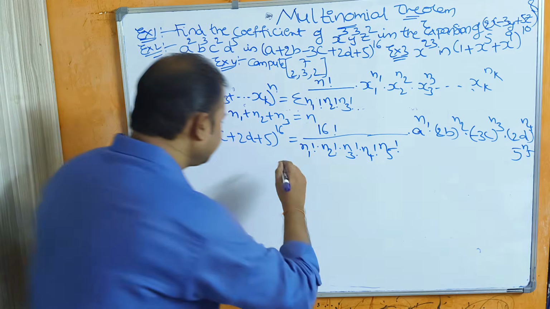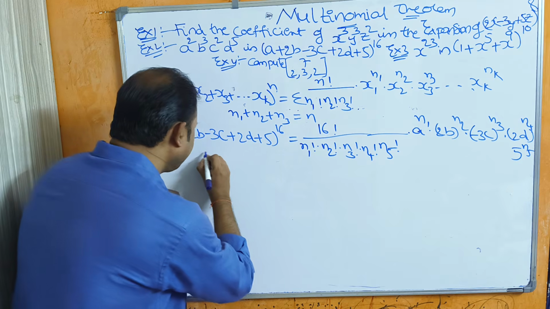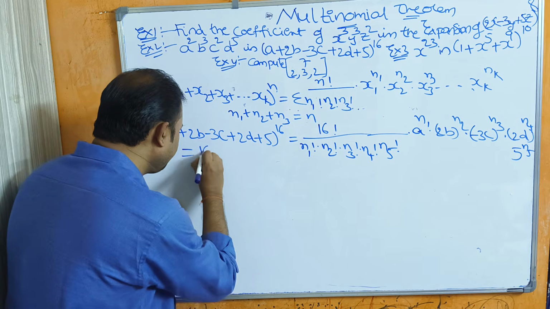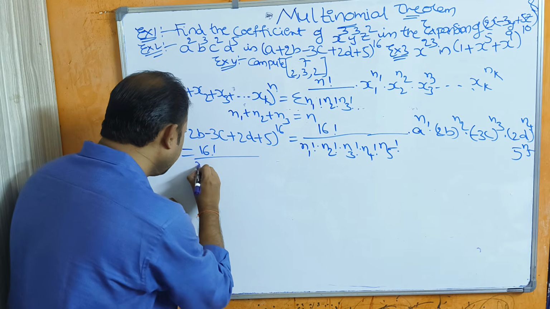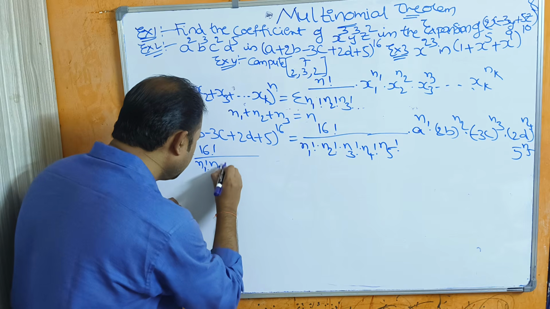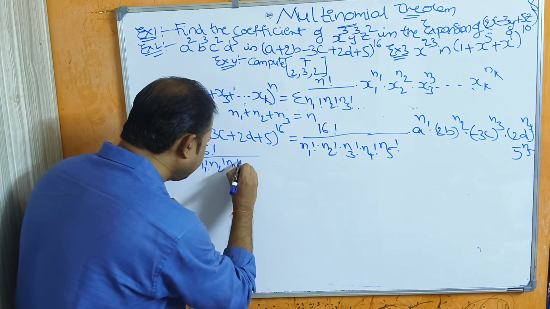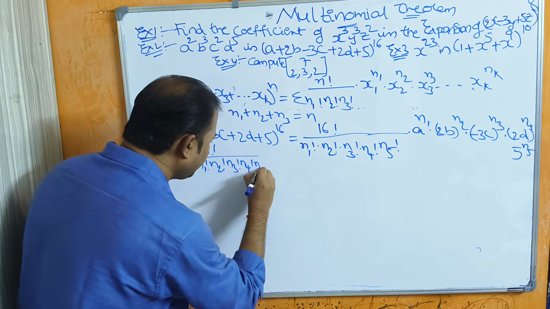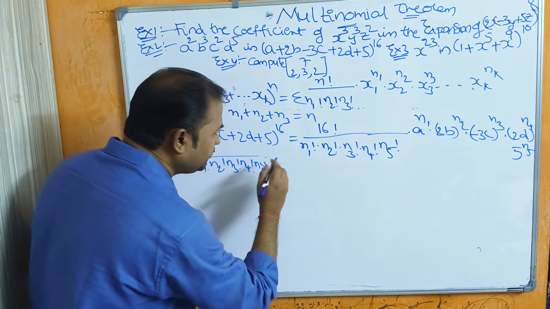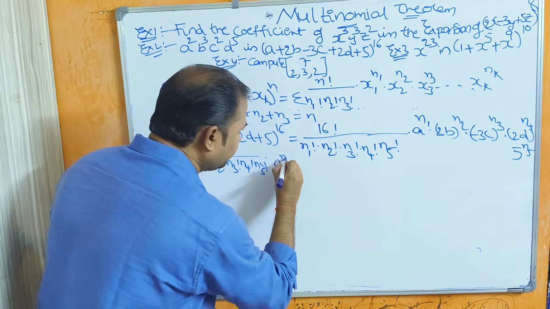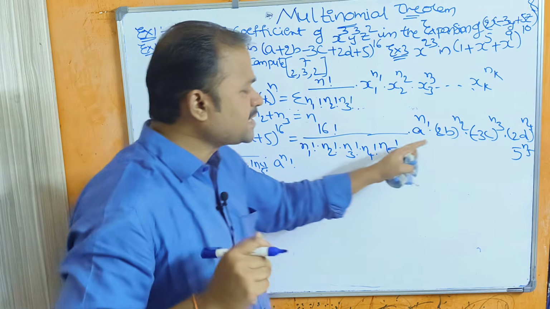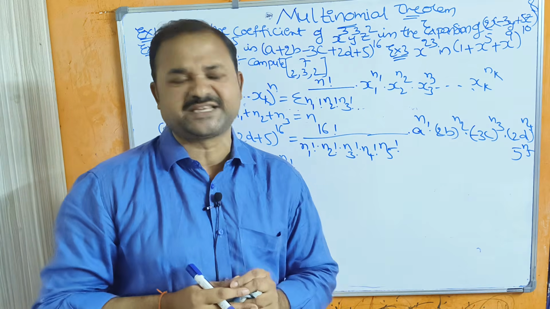Okay, so let us expand this one. We can write this as 16 factorial by n1 factorial into n2 factorial into n3 factorial into n4 factorial into n5 factorial into a power n1 into, let us separate the coefficient and exponent.